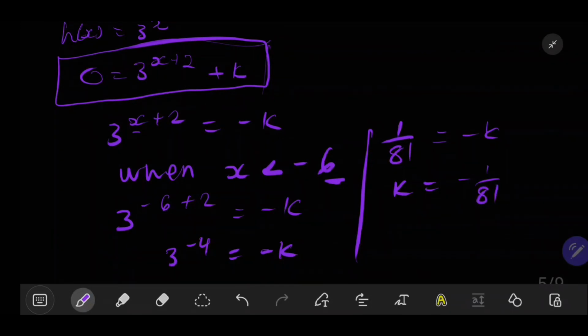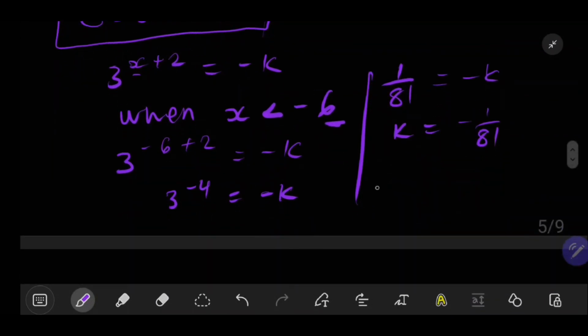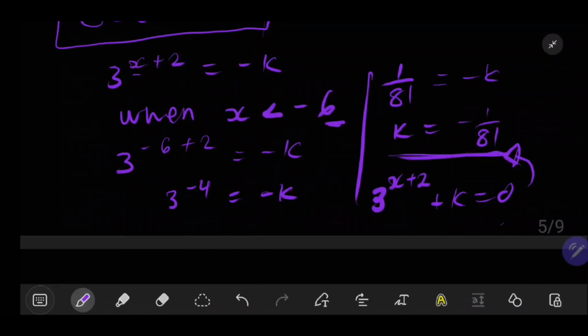So what this means is that our equation, which says 3 raised to exponent x plus 2 plus k will be equal to 0 if our k value is equal to this value here. So this is the value of k that makes this equation equal to 0.